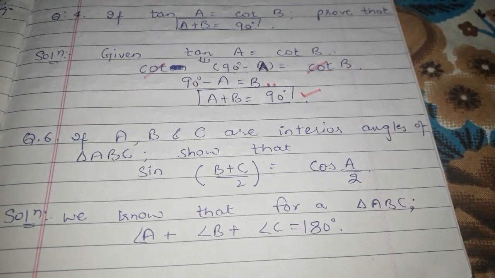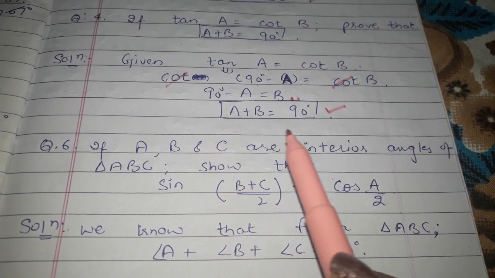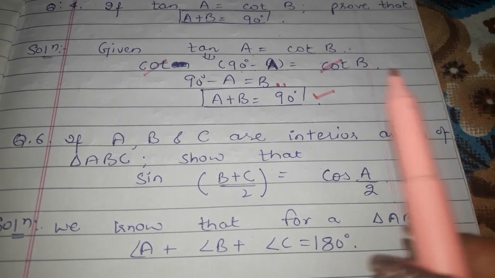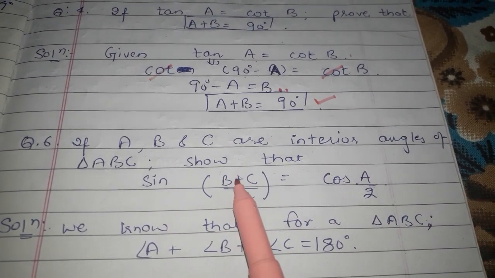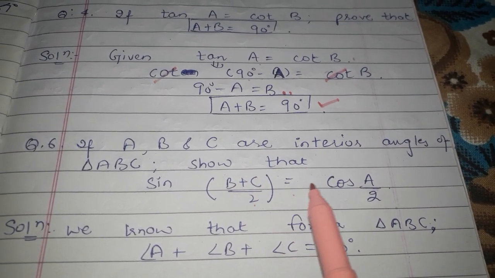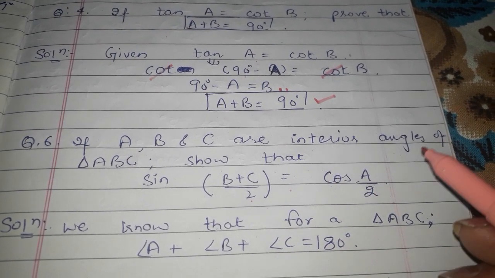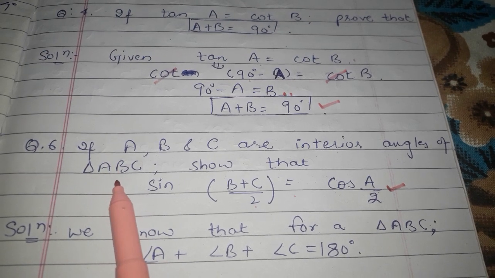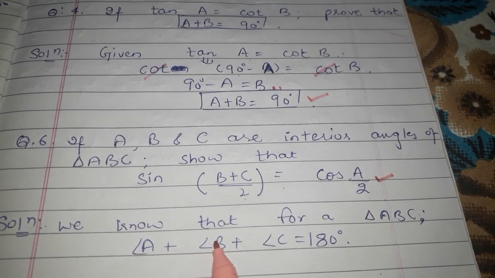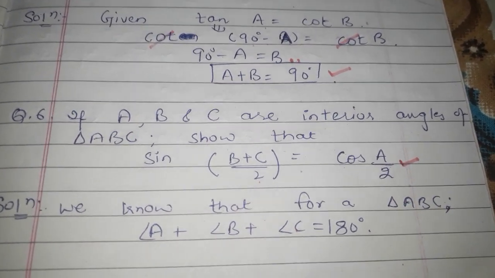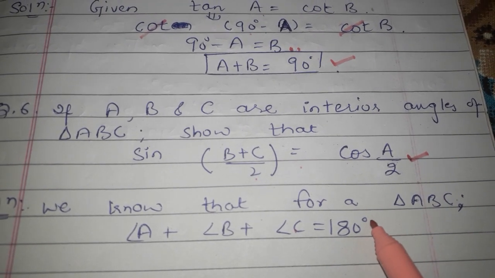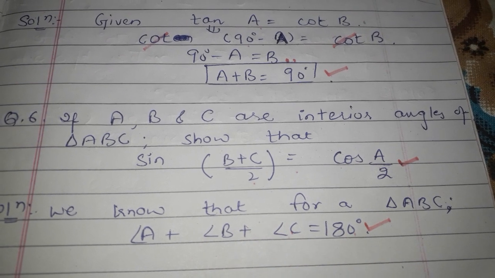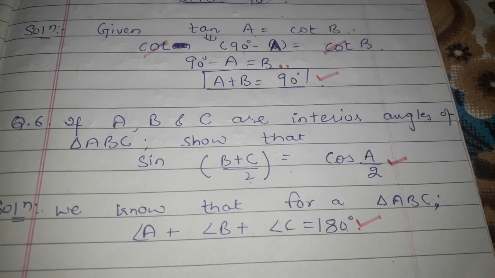Now question 6th. If A, B and C are interior angles of any triangle ABC, we have to show that sin (B plus C) by 2 is equal to cos A by 2. Now we have a triangle ABC, and we know the sum of all the angles of any triangle is equal to 180 degree, that is angle A plus angle B plus angle C is equal to 180 degrees.